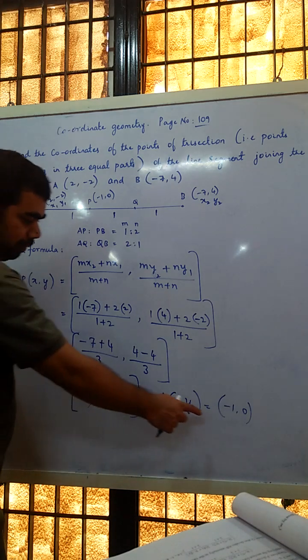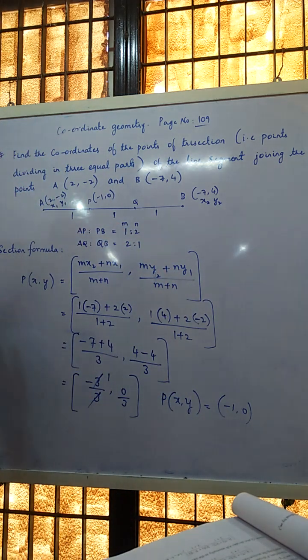So (-1, 0) is the coordinates of point P.